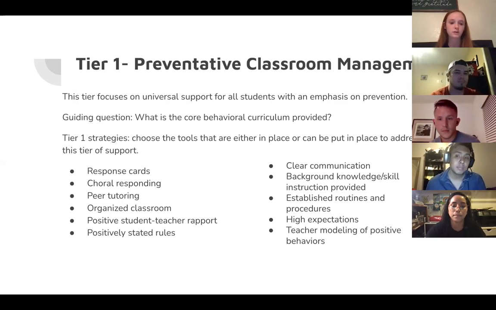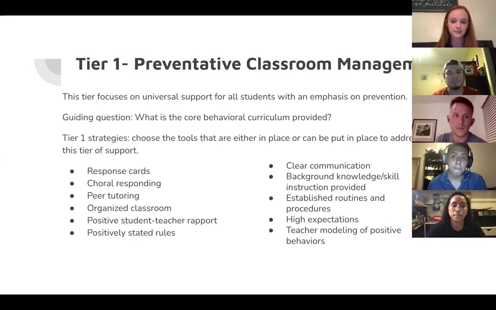Some examples are response cards, choral responding, peer tutoring, and more. Some of the important behavior supports of this tier are high teacher expectations, so having stimulating instruction and high engagement with the students, and then having established classroom rules and procedures in place.